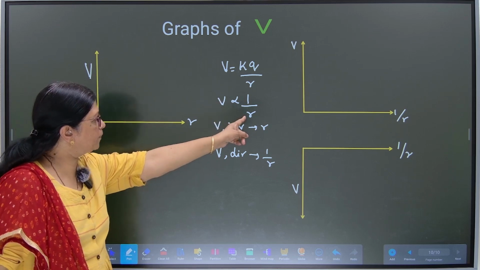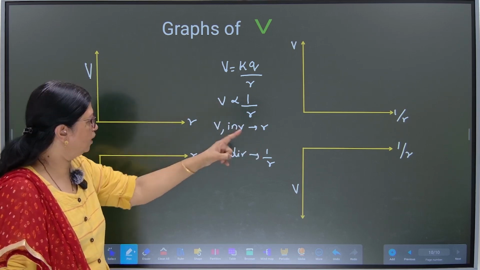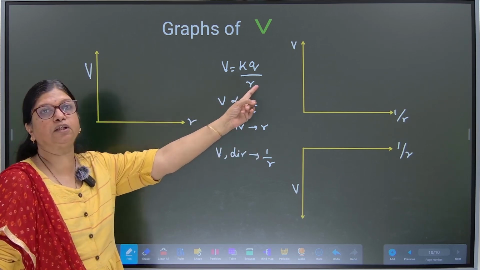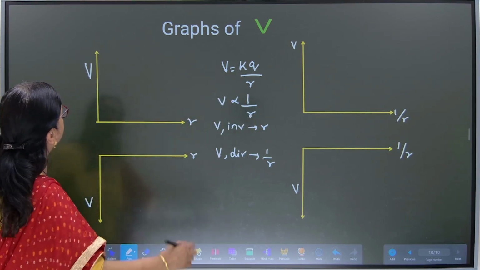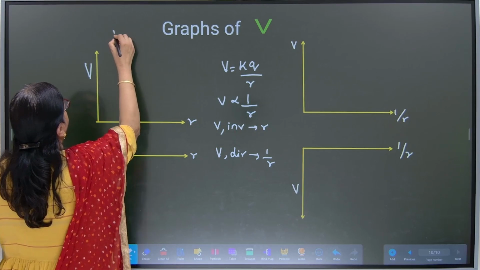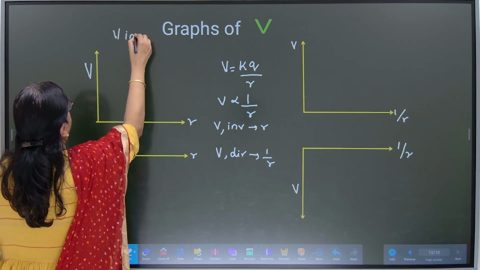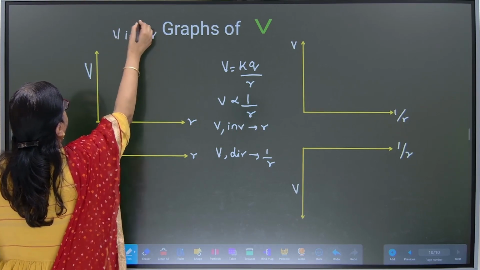V inversely proportional to R or V directly proportional to 1 upon R. So those graphs we are going to do. So let us first do V inversely proportional to R.